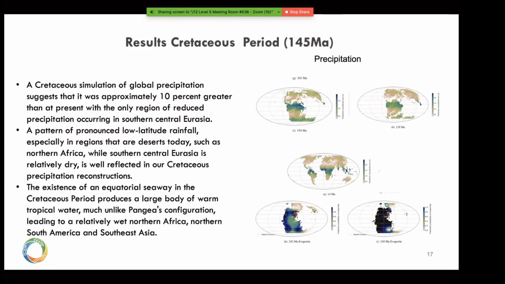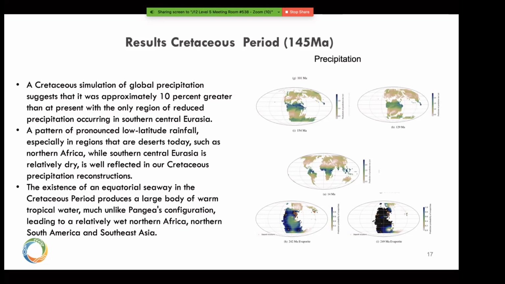And you can see a pattern of pronounced low latitude rainfall, especially in areas that are deserts today. So this is the top of Africa a long time ago, and that had a lot of rainfall, about 150 million years ago.